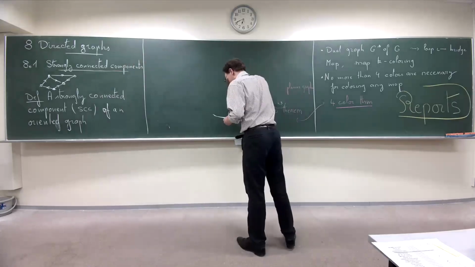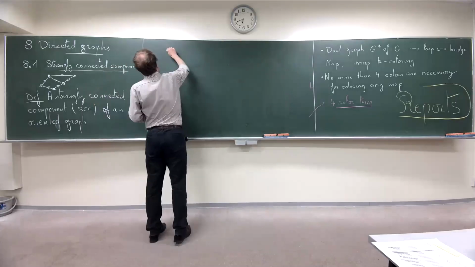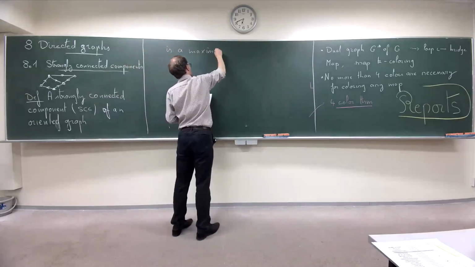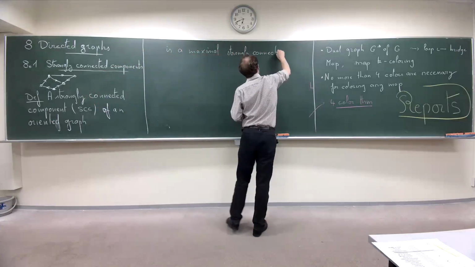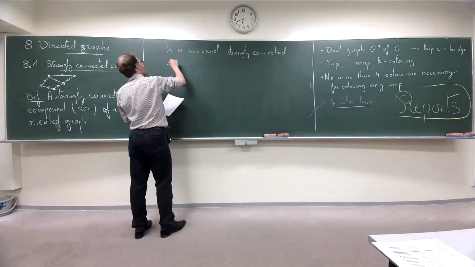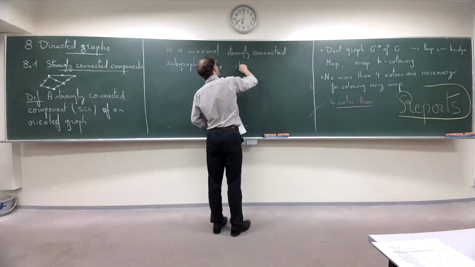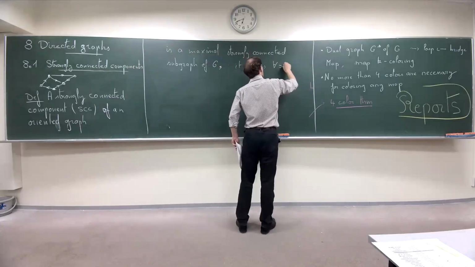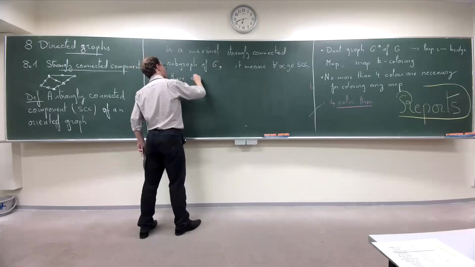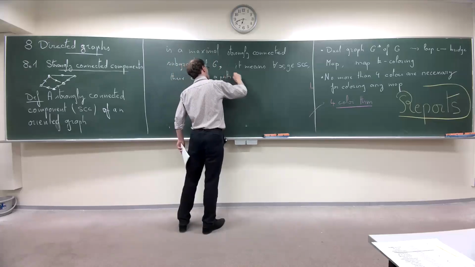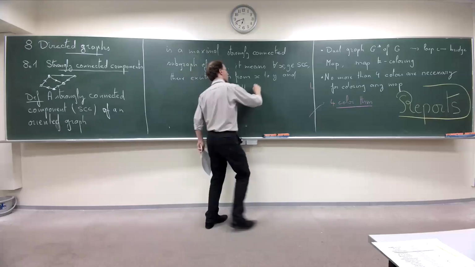A strongly connected component of an oriented graph is a maximal strongly connected subgraph of G, which means for any X and Y in one strongly connected component, there exists a path from X to Y and also a path from Y to X.